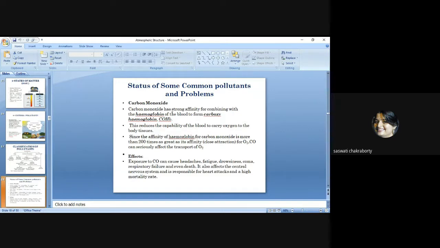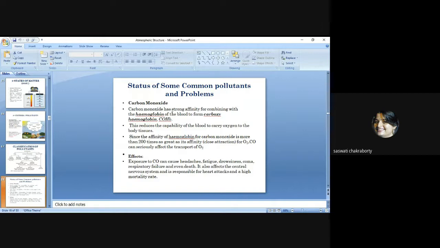Now we'll go into some detail about common pollutants and the problems caused by them. One of the most common is carbon monoxide, CO. Carbon monoxide readily combines with hemoglobin to form carboxyhemoglobin, because hemoglobin has more than 200 times more affinity for carbon monoxide than for oxygen. Therefore, when hemoglobin combines with carbon monoxide, it loses its capacity to bind oxygen.